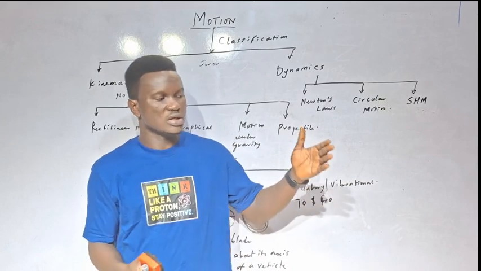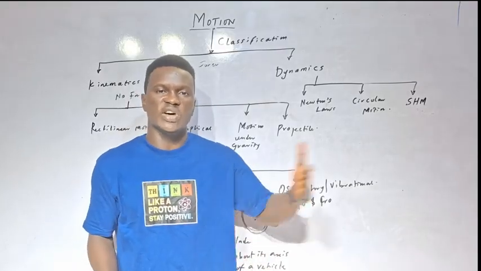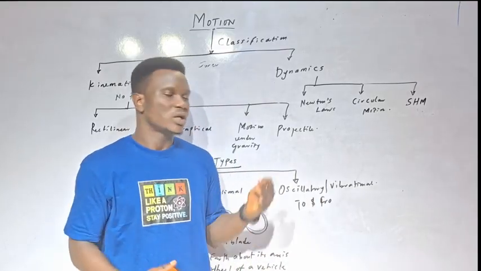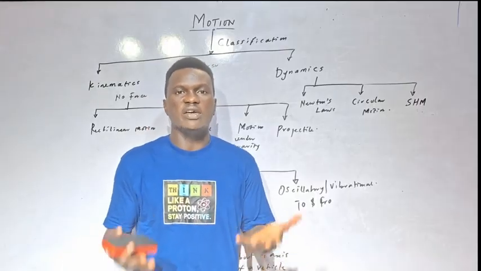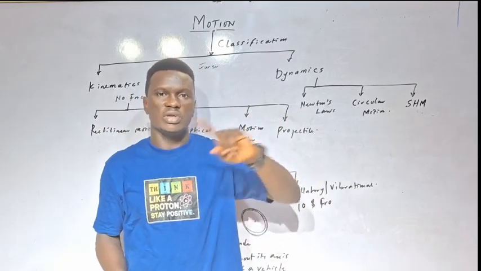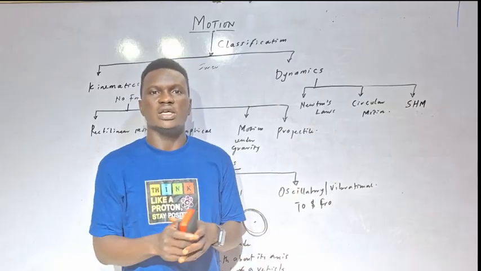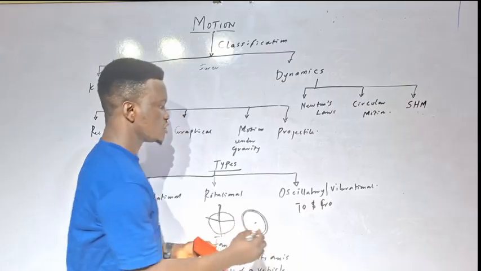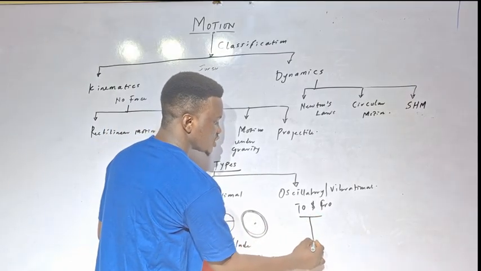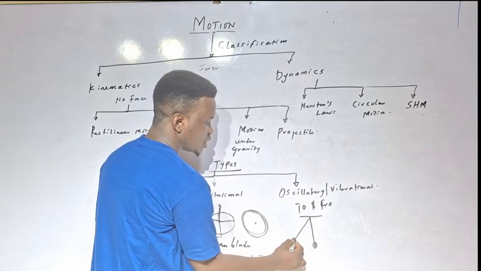An example is the talking drum. When the talking drum is being beaten, it keeps vibrating here and there. The diving board is also another example. The balance wheel of a watch is also another example. Then a simple pendulum. You take a simple pendulum, it has a bob, you displace the bob from the equilibrium position.